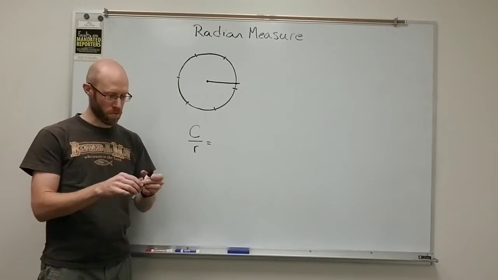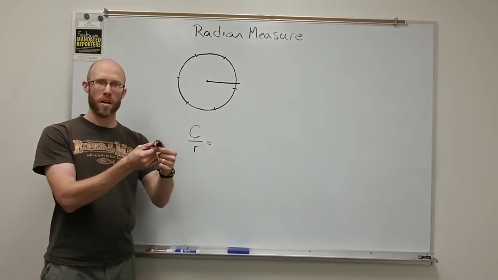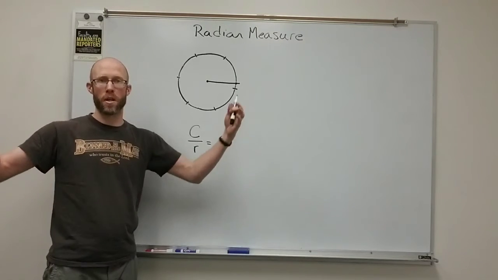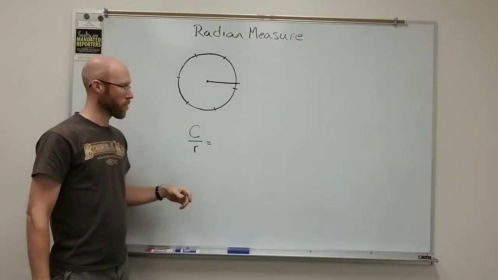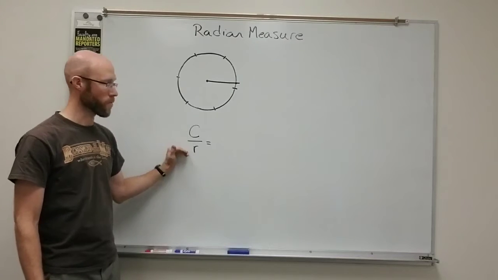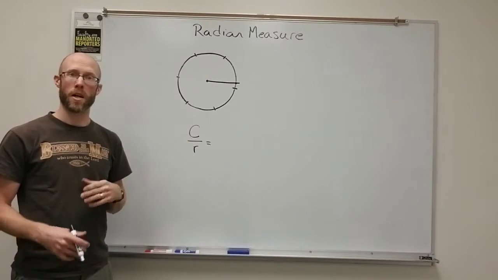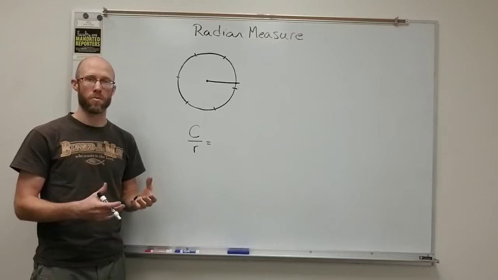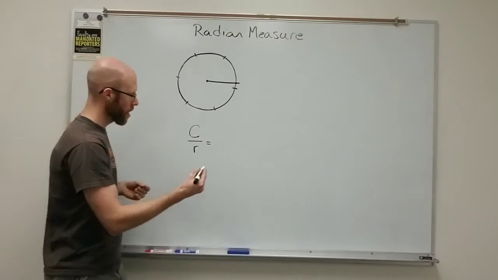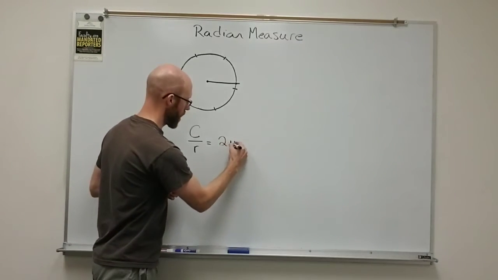A circle as small as the end of my pen cap to a circle as big as the sun will have the same ratio between the circumference and the radius. And because it has the same ratio, we give it a name. We call it 2 pi.